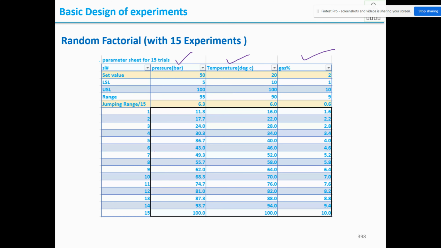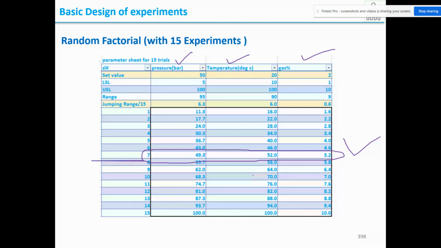Therefore, you will find an optimum result somewhere. You will get a hint, say at the seventh experiment. Then you can conduct another 3 experiments keeping one constant, and then you can arrive at the optimum. So random factorial is a wonderful experiment when there is a huge specification range where you can change the parameter. In that case, we can use random factorial.